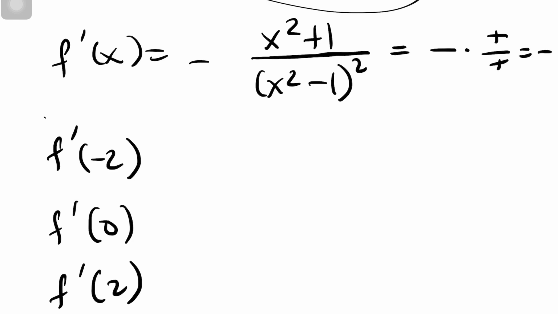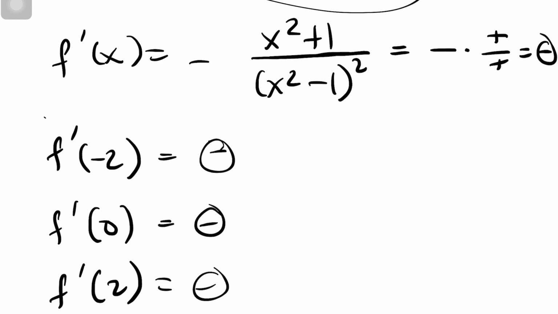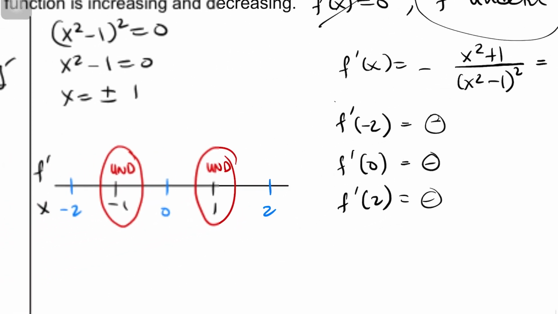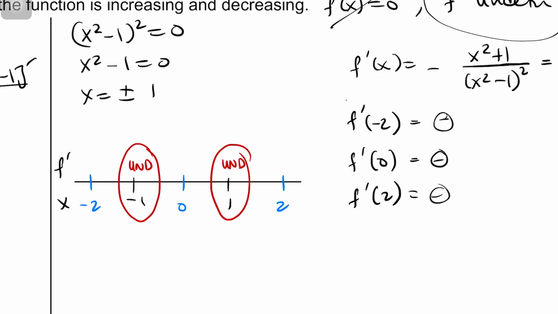So what I'm arguing here is that no matter what you plug in, this is always going to be negative, negative, negative. So by using some logic, we're able to conclude that this is negative throughout. This translates to the function being decreasing, decreasing, decreasing.